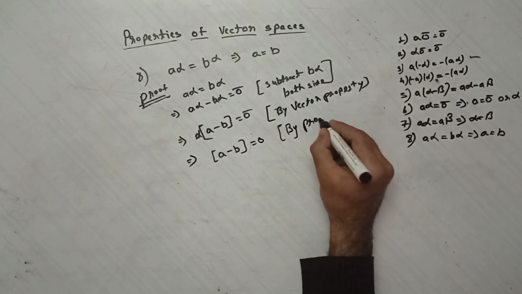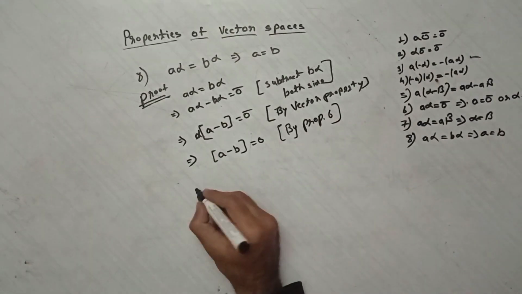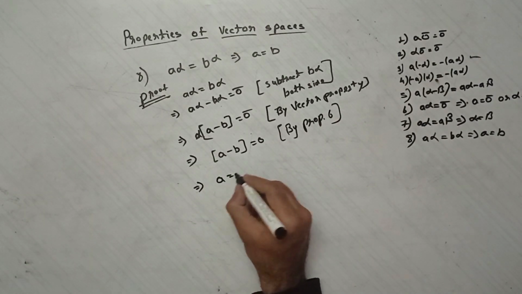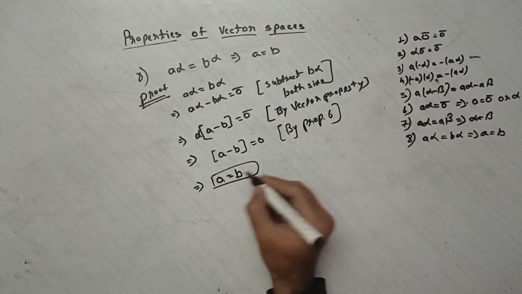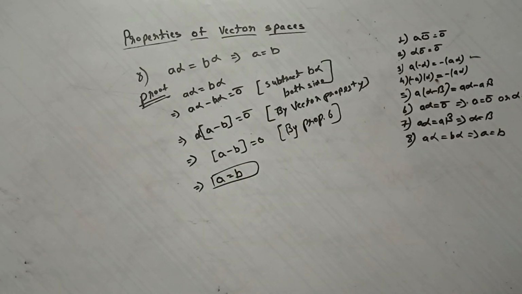By property number 6, the final result is a equals b. That is the proof.